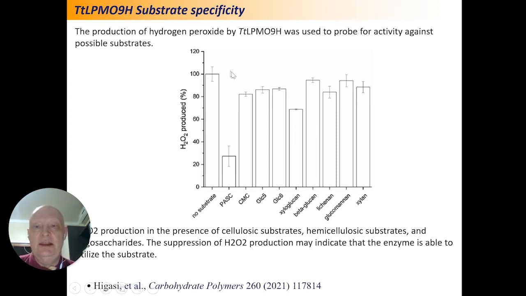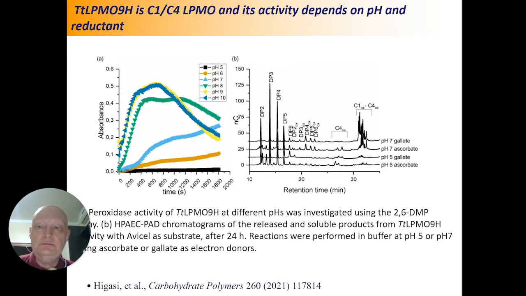Here is the hydrogen peroxide production by LPMO in the absence of substrate, and here in the presence of phosphoric acid swollen cellulose. A considerable decrease in hydrogen peroxide production was also observed for xyloglucan, which is presumably a substrate for LPMO.